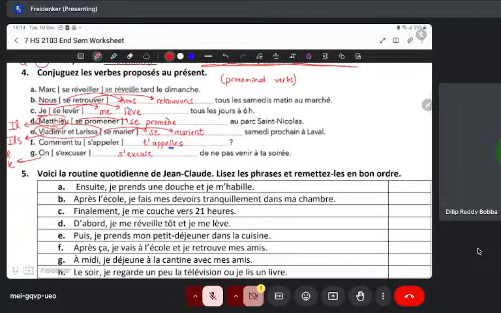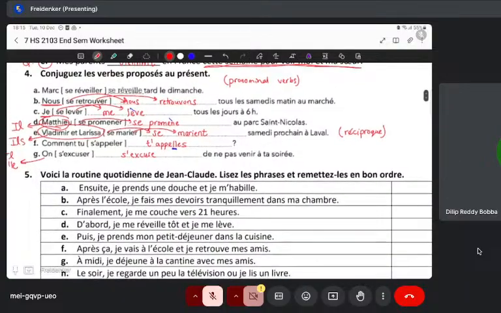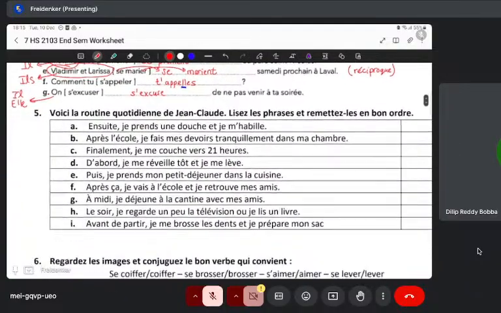So this is an example of réciproque, because Vladimir is not marrying himself. Vladimir is marrying Larissa, Larissa is marrying Vladimir. So reciprocal. If you're marrying yourself, then that becomes réfléchi, but that is not the case here. I mean, that is never the case, right? Unless, I don't know. Okay. Question 5.